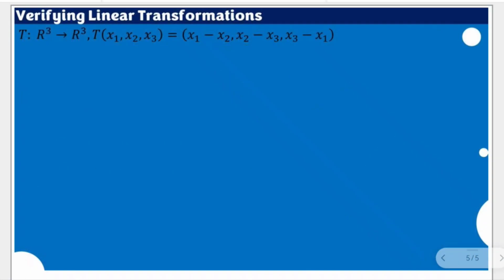We have here a transformation from R3 to R3, and we are going to verify whether this is a linear transformation or not. To do that, we need to satisfy these two conditions.